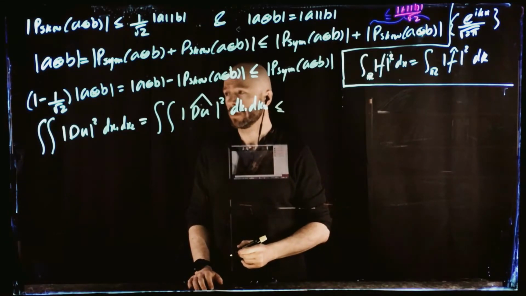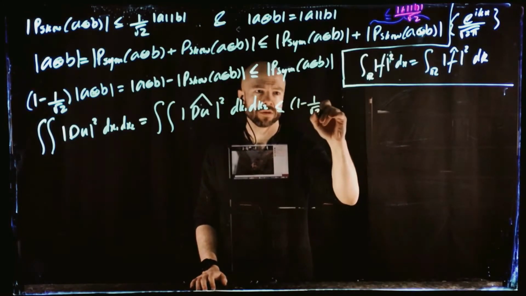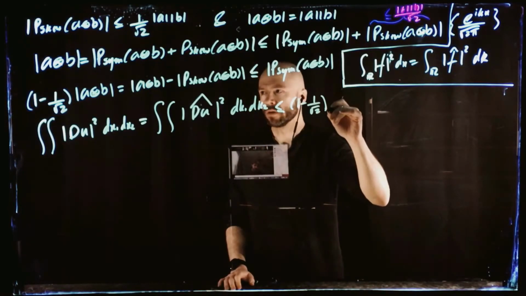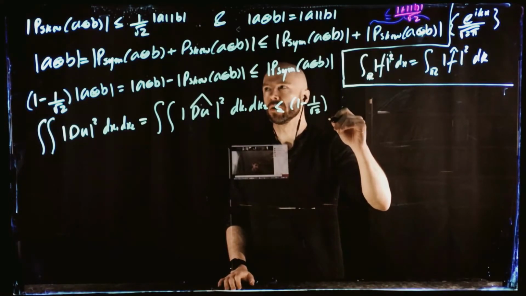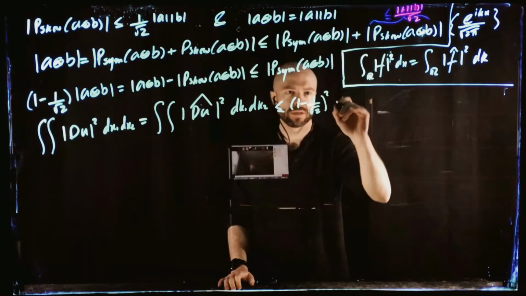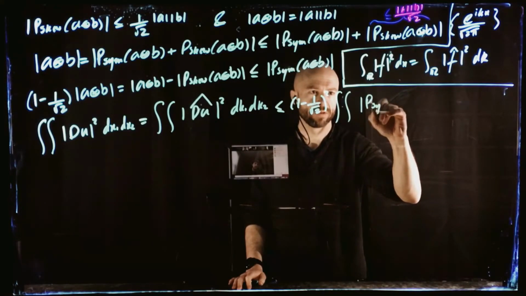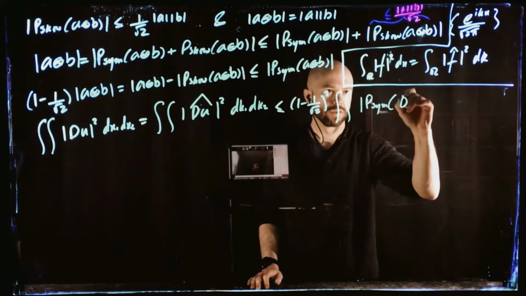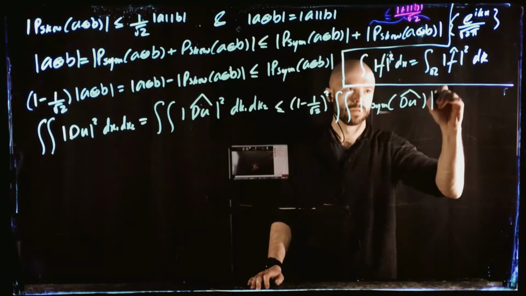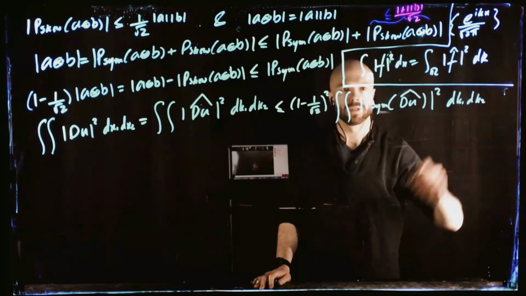We even have a constant here, 1 minus 1 over square root of 2, of, I guess we have to square everything, so probably it's a linear expression, the projection onto the symmetric matrices of the Fourier transform, like this, squared, dk1, dk2, like this.